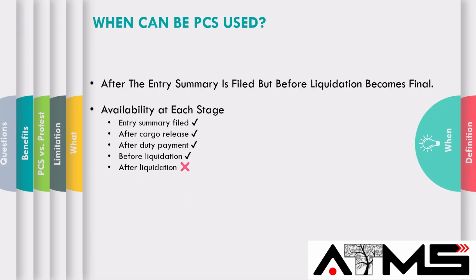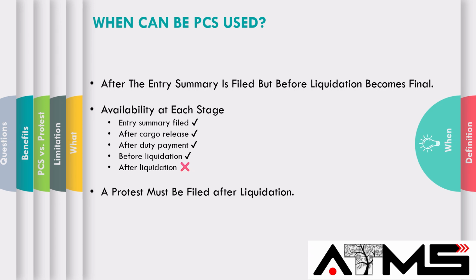You can submit PSC after the entry summary is filed, after cargo release, after duty payment, but before liquidation. After liquidation, PSC is not allowed. Once liquidation has occurred, PSC can no longer be used.